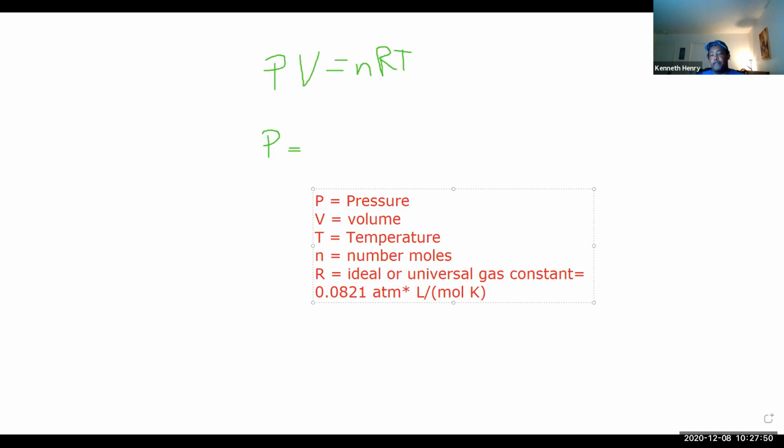You guys remember what a Kelvin is, right? Yeah. Okay. So you always want to put your units when you're dealing with temperature in Kelvin to use your equation. So you always want to convert it to Kelvin.